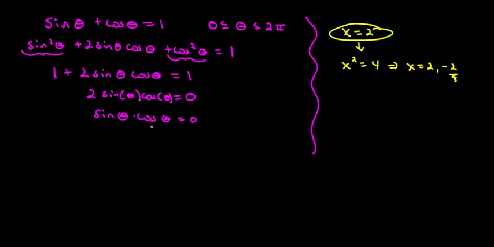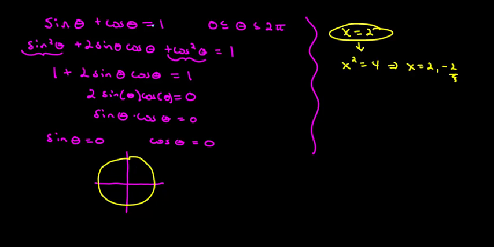So I've got sine theta times cosine theta is equal to 0. Since I've got multiplication between two things and it's equal to 0, I can use the zero product property. So that's going to give me sine of theta is equal to 0, and cosine theta is equal to 0. Let's see when that happens on the unit circle between 0 and 2 pi. I'm going to start at 0 radians, where the sine value is 0.